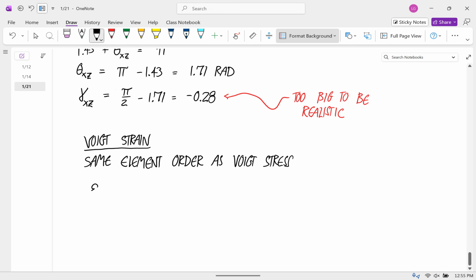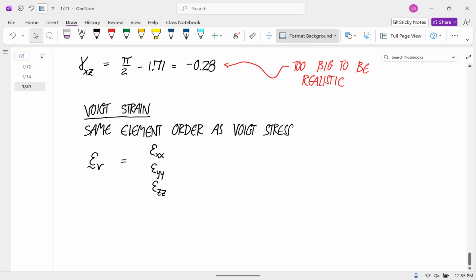And we'll denote it as epsilon sub v, v for Voigt. And the order is going to be the normal strains in the order you would expect. So epsilon XX, epsilon YY, epsilon ZZ. And then the shear strains in the exact opposite order of what you would expect.